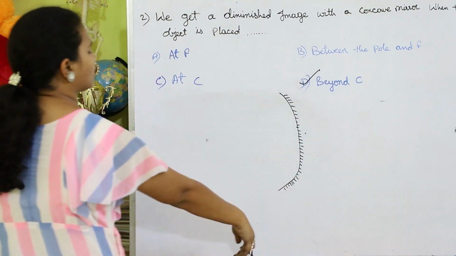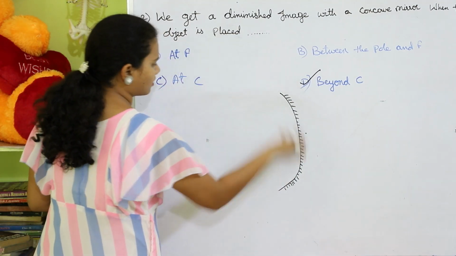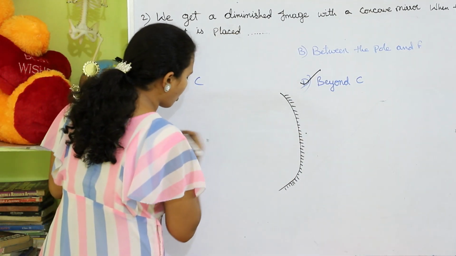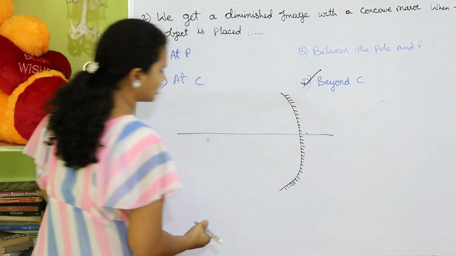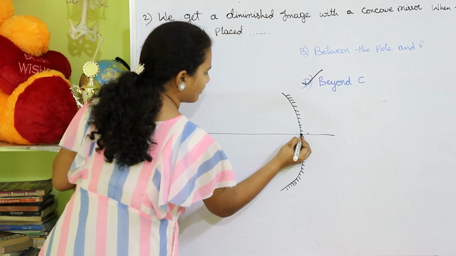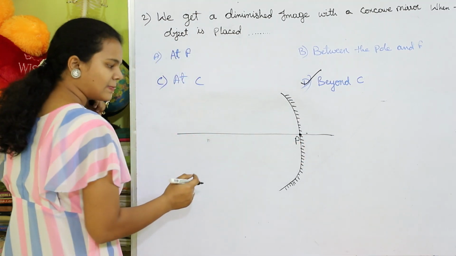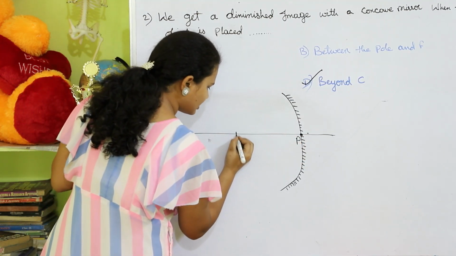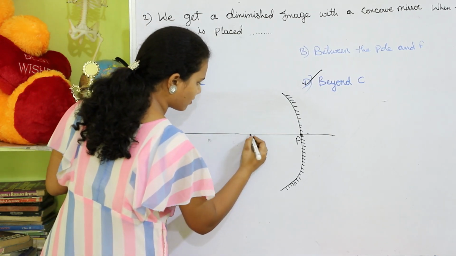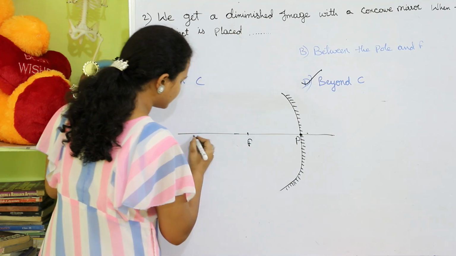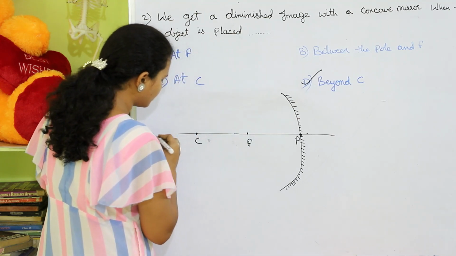I made a silver coating outside, something like that. Now let me draw the principal axis. Here I can add the pole, and this is the focus or focal point. Let me make the focus somewhere over here, and this will be the center of curvature.